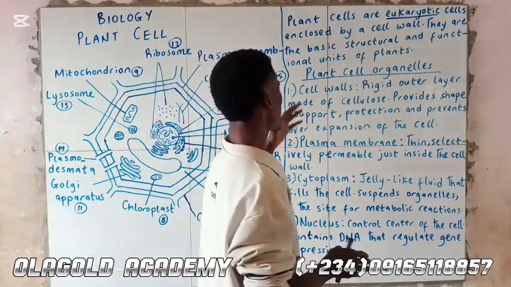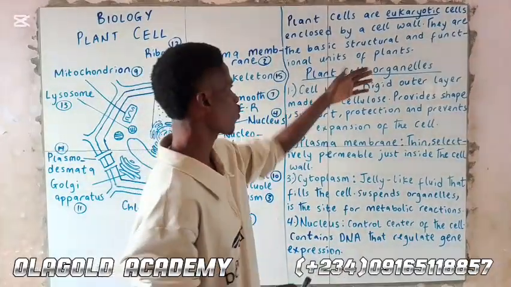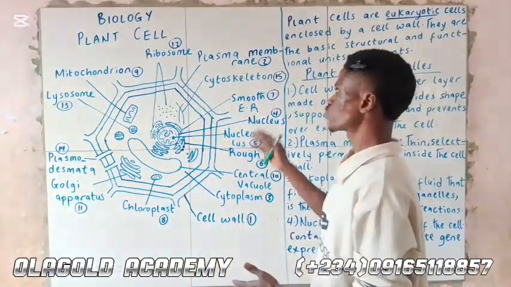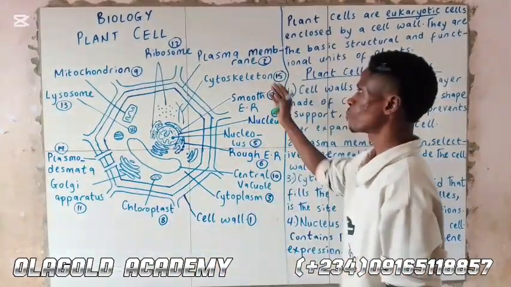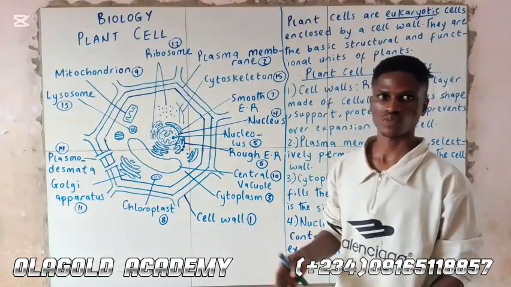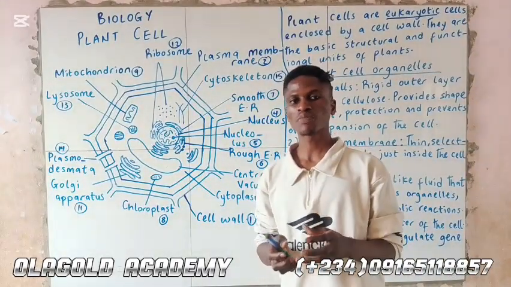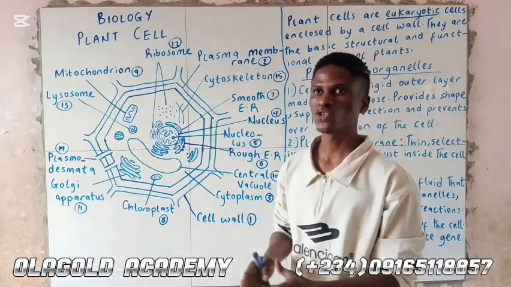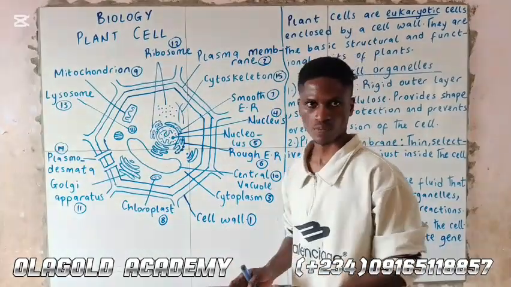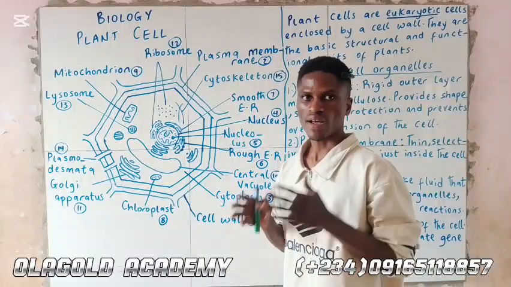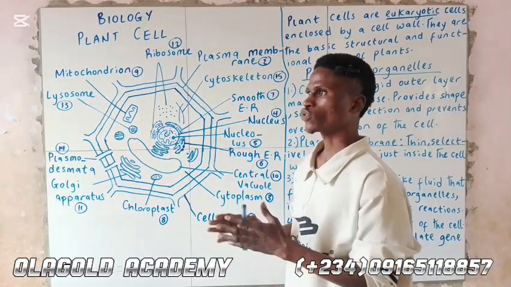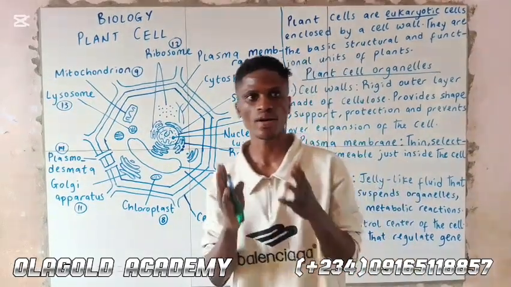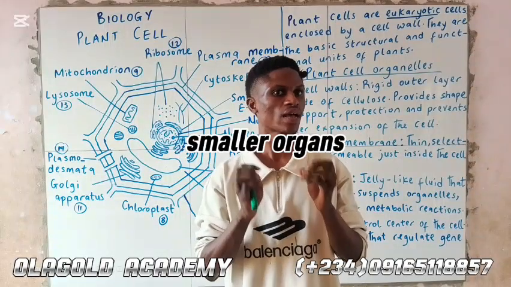Alright, so we have the plant cell organelles. Organelles are simply smaller organs that are mainly found within the cell. Some organelles are not within the cell, but just know that organelles are smaller organs.